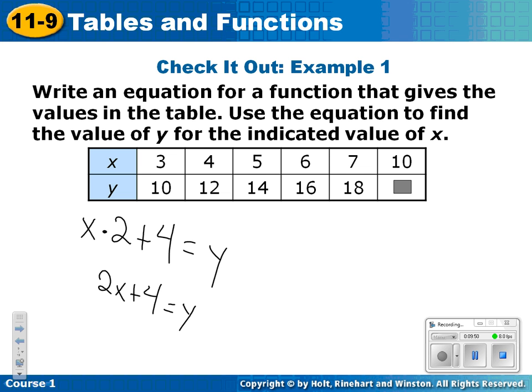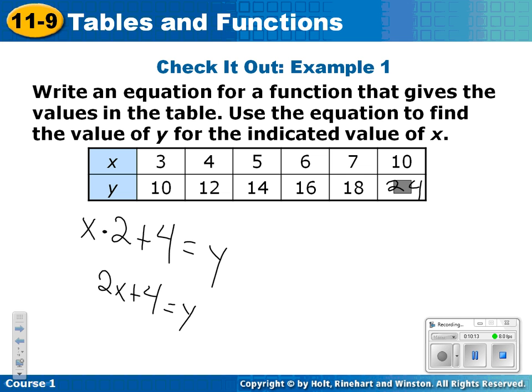So now, again, we have an equation. We can plug anything in for x, and we will find a y value for it. So when x is 10, what is y? 24.